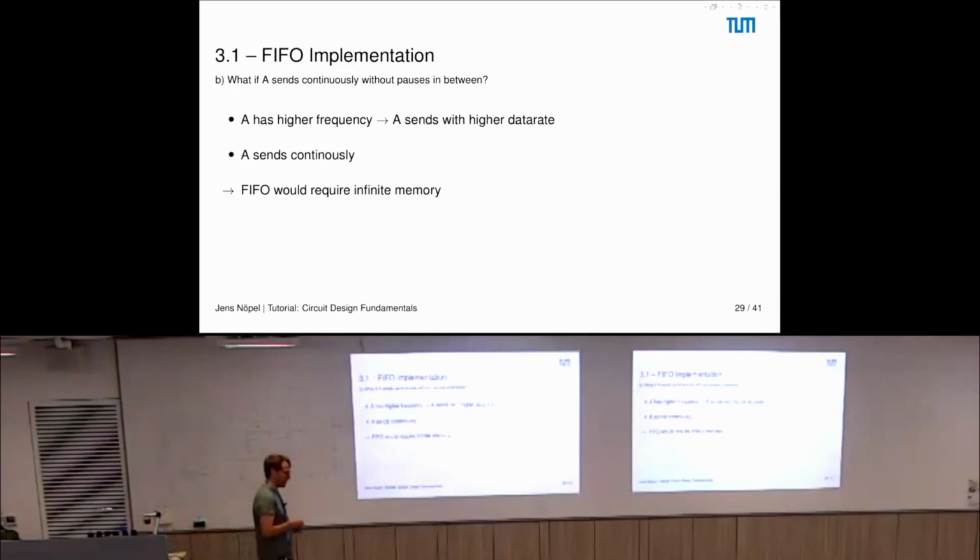How large should our FIFO be? It should be infinitely large, right? Because it's not possible for module B to receive enough data if there's no break in between. So this is a kind of unsolvable application scenario.